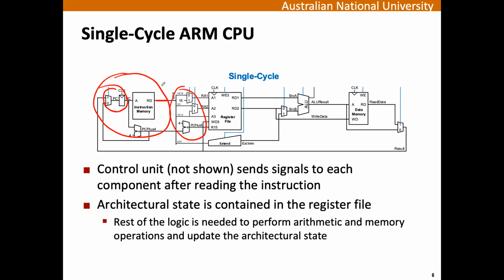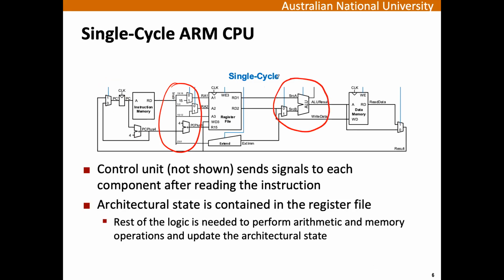Which register does it want to read? You get the values from the register file, which is hooked up to this logic here. You compute the result, for instance you do an add, or you do a memory operation, and you write the results back into this register file.